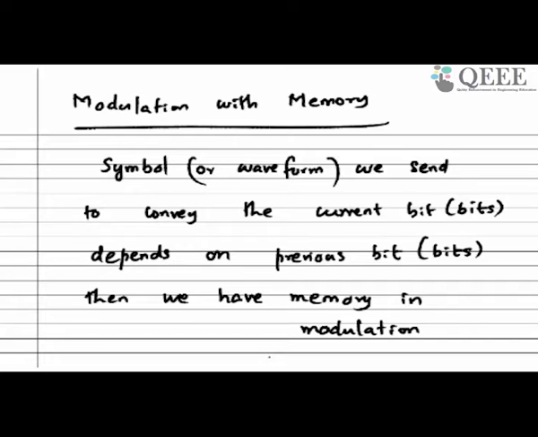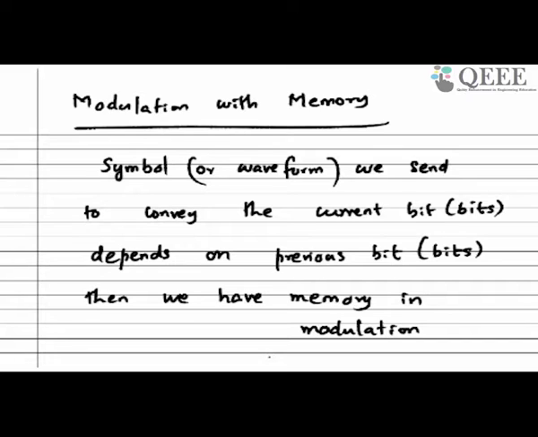When there is +1, the cosine wave will have phase 0. When you are sending -1, the cosine wave will have -180 degrees as the phase. So the phase of the carrier is what is eventually conveying the information, and it is very sensitive to phase errors. For instance, when the transmitter has a carrier of some phase and the receiver has a carrier with a different phase, there is a phase mismatch between the transmitter and receiver carrier.